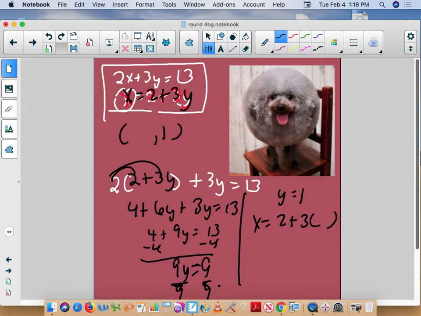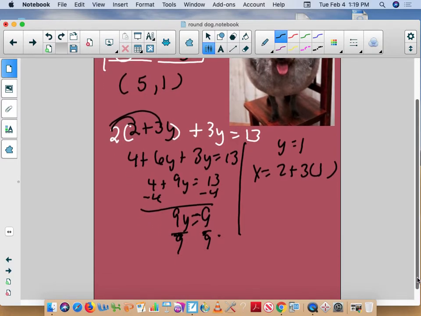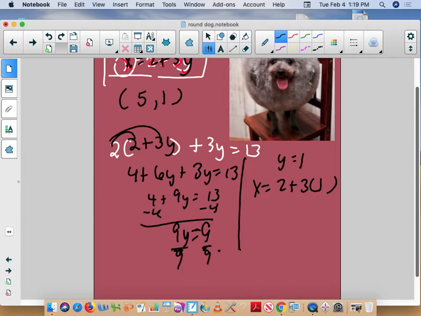What is y? 1, and so you get x is 5. And move on with your test. But how can you go back and check your answer? It should work in both equations, right? Okay? Or if you know how to type it in your calculator, which is tedious, you could do that.